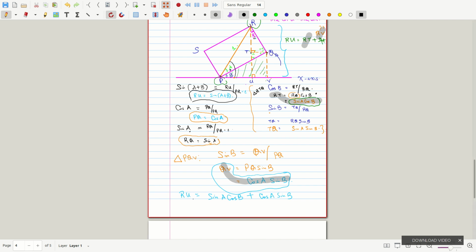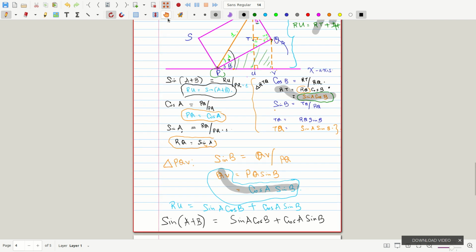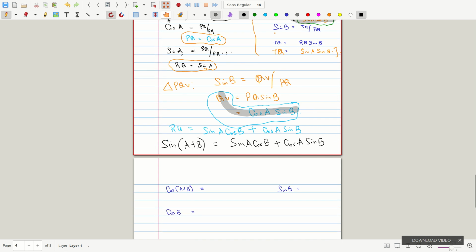RU is sine of A plus B, and the right hand side we have sine A cos B plus cos A sine B. So this may not be the neatest derivation.